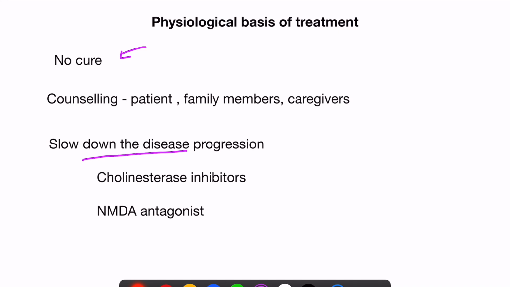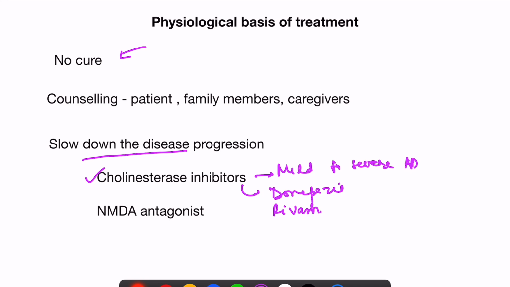One of this is cholinesterase inhibitors, which is given to mild to severe Alzheimer disease patients. Examples being donepezil, rivastigmine, galantamine. So they prevent the disintegration of acetylcholine and increase the acetylcholine levels in the brain. And they have been shown to improve memory and attention.